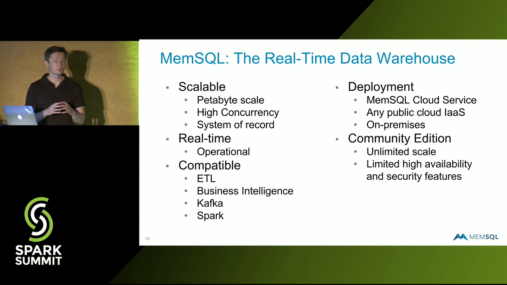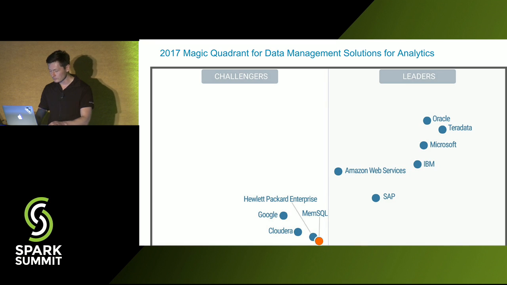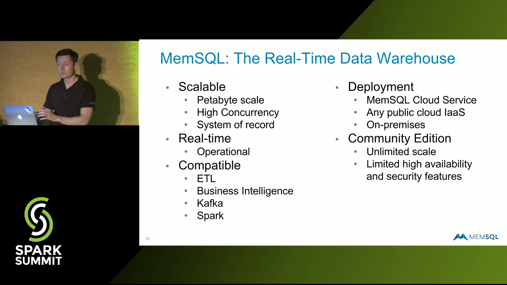It's very compatible with the ecosystem, and particularly it's compatible with Spark. And that's what we see time and again, how this is a big advantage for our customers. Recently, we signed up a massive oil and gas company. One of the core requirements for them is deep integration with Spark. So how does that work? The integration with Spark allows us to do massive data transfer between data frames and MemSQL tables using just a few lines of code.